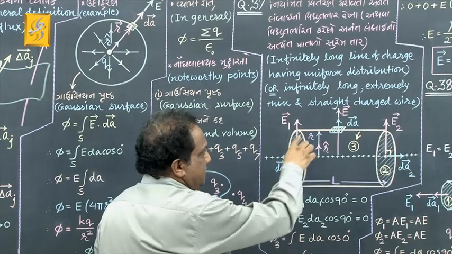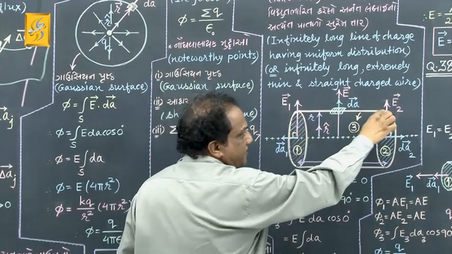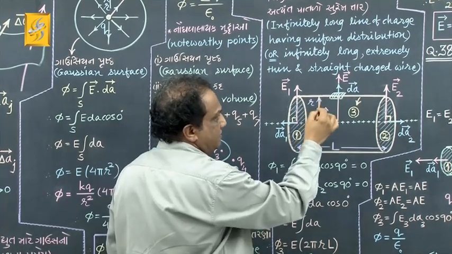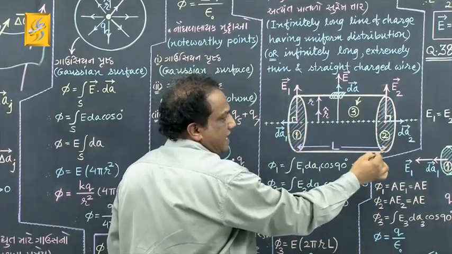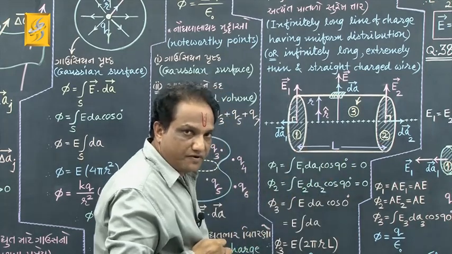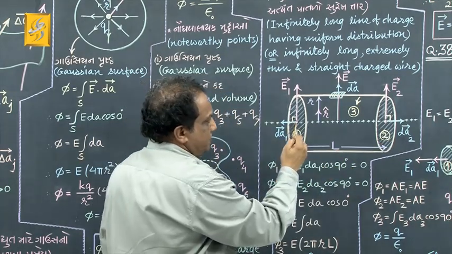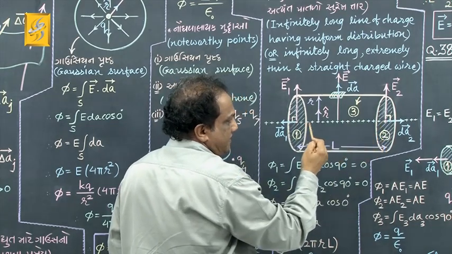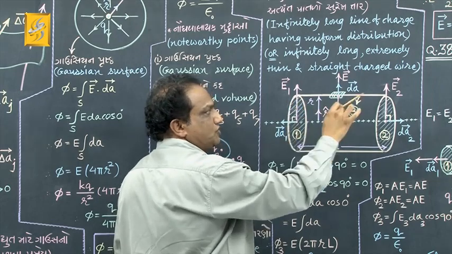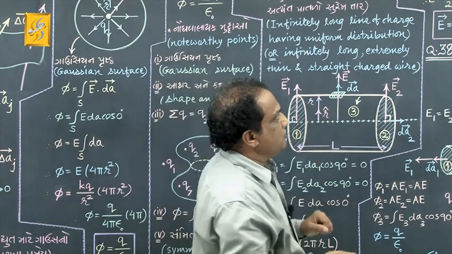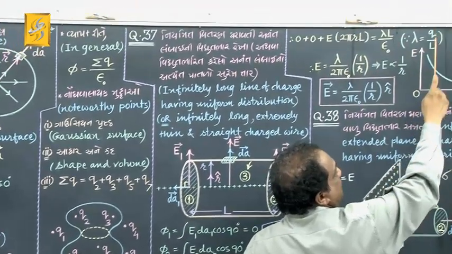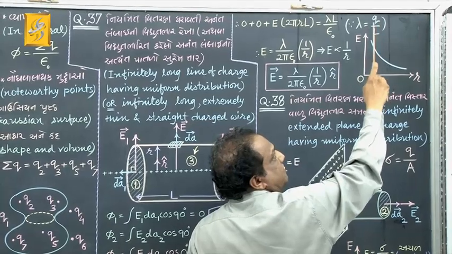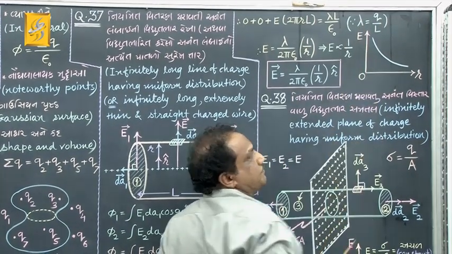I am considering such a Gaussian surface in the form of a closed cylinder having radius say r and length say L. The charge contained in this much length is enclosed by this closed Gaussian surface, and that enclosed charge is suppose Q and the corresponding length is L. And you must remember, charge per unit length is nothing but linear charge density.